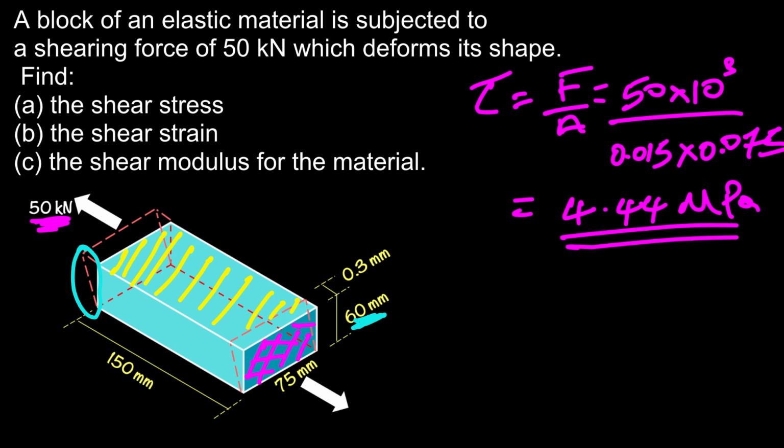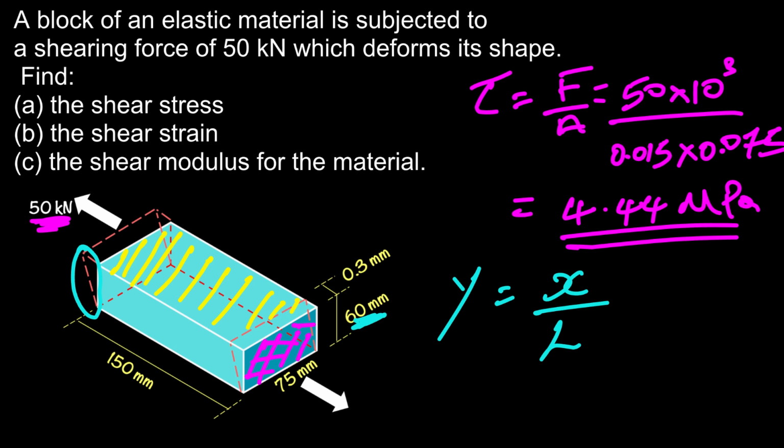So what would happen now is, for the shear strain, we are to use the change in length divided by our initial length. And in this instance, the initial length that we're focusing on is the 60 millimeters, and that 0.3 that we have there is representing our change in length.